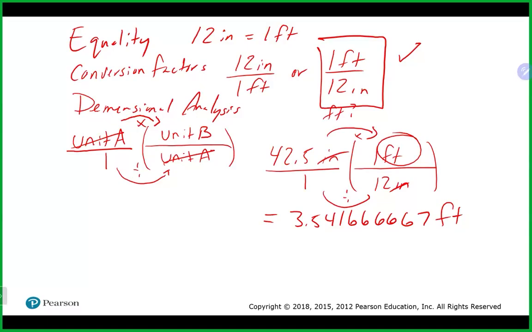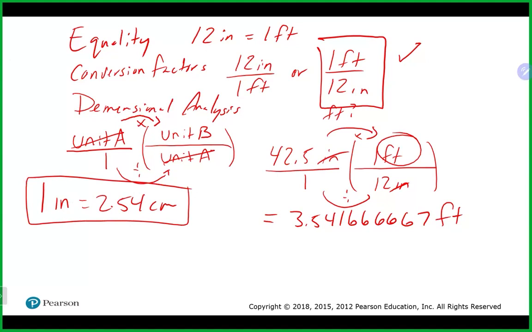The one crossover that is considered, again, an exact number is the one that we saw as well. 1 inch is 2.54 centimeters. So although that is a crossover from metric to English units, that is still considered an exact number, so you don't have to worry about it. So when we look at this, this is considered exact, so we don't need to worry about it.